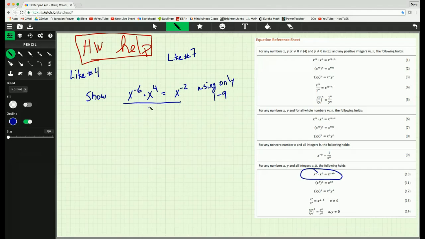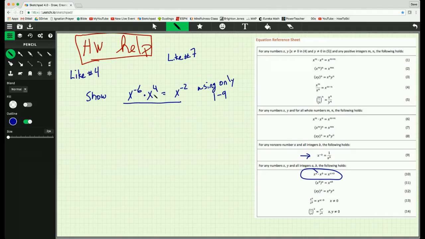So we have to show it. Let's first of all say we're going to do it the long way. We basically have to try and make everything positive and then do our work from there. That's the idea of 1 through 8, and then using number 9 as our trick. Whenever we get a negative exponent, we use number 9 to create a positive exponent and then go forward as far as we can.